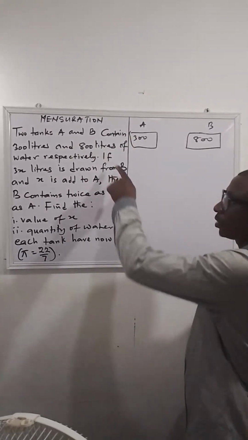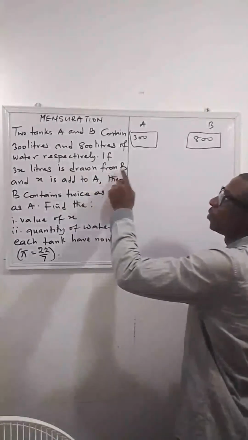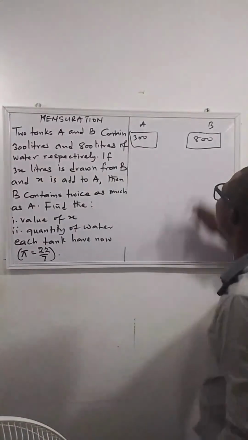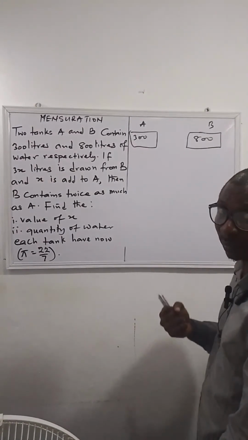So now, the question goes further. If 3x liters is drawn from B, that is, from this B, 3x is drawn. When we say drawn, it means you take away.